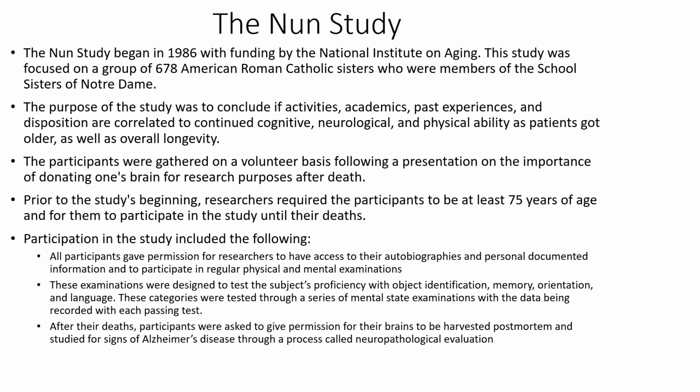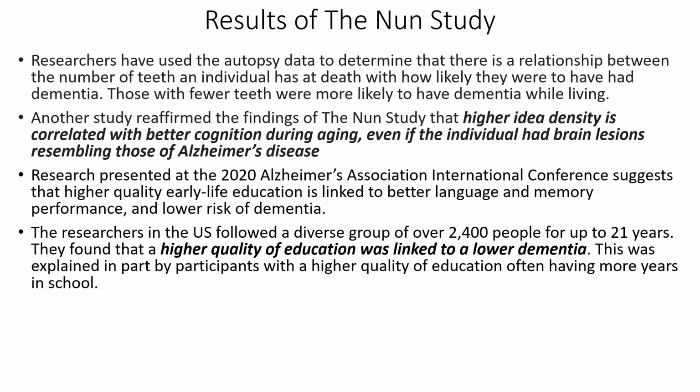And it was interesting. Like I said, they had their autobiographies. They had their history since they were teenagers, a lot of them joined the convent when they were 15, 16, 17. And they're testing various things. And they did neuropathological evaluation. And what was fascinating is that higher cognition during aging, even if the individual nuns had brain lesions resembling Alzheimer's disease, showed that the higher the volume of education someone had, the lower the likelihood of dementia.